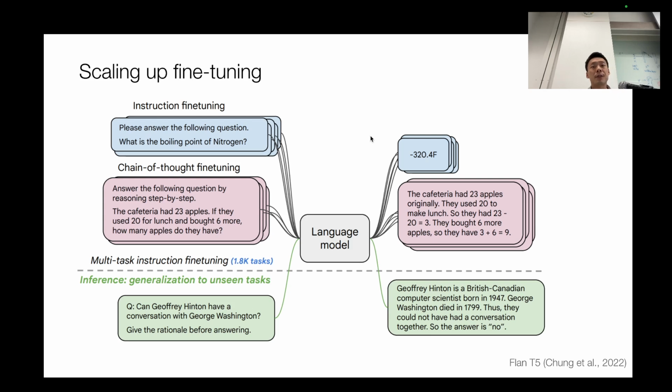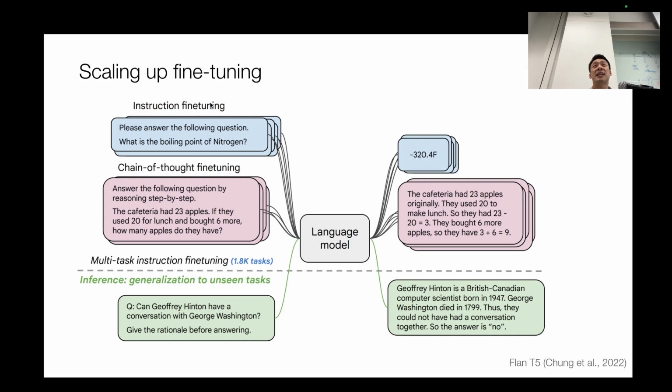Which means, when we do instruction fine tuning or supervised fine tuning, it's not just so that they have the ability to do those tasks, it's also for it to understand the prompt in general.